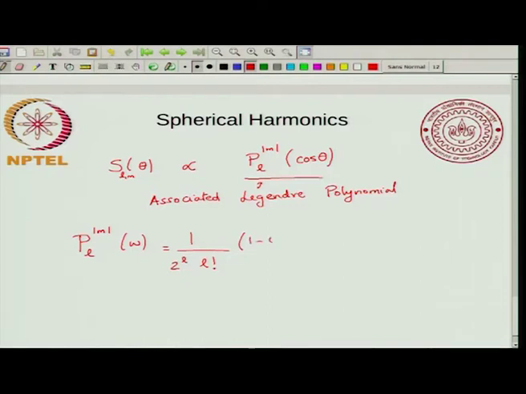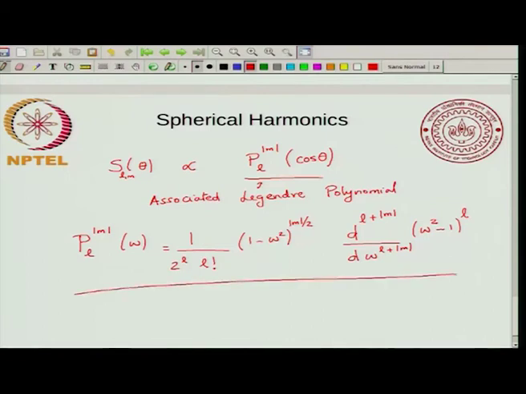Then you have 1 minus w square raised to absolute value of m by 2, and then exactly like the Legendre polynomial, but instead of just L, you have L plus m derivative of w square minus 1 raised to L. So this is the associated Legendre polynomial, which appears naturally in the solution of the rigid rotor problem in quantum mechanics.